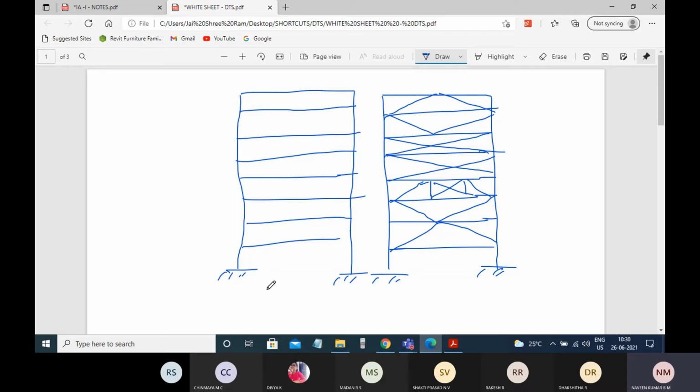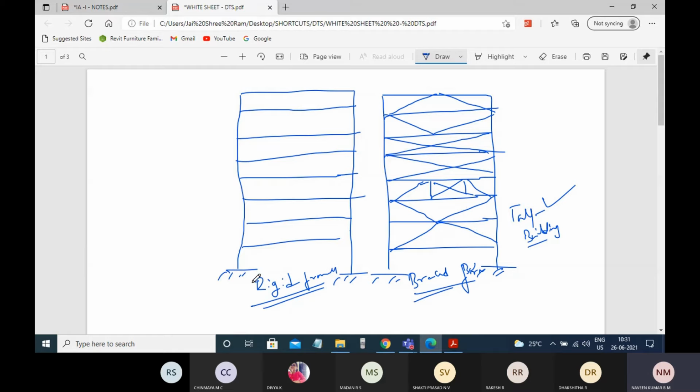This is the rigid frame structure, and this is the braced frame structure. Usually for the construction of tall buildings, the first preference is braced frames.